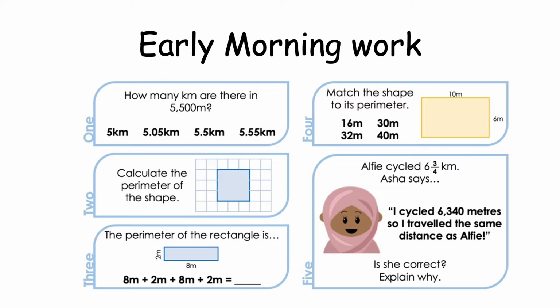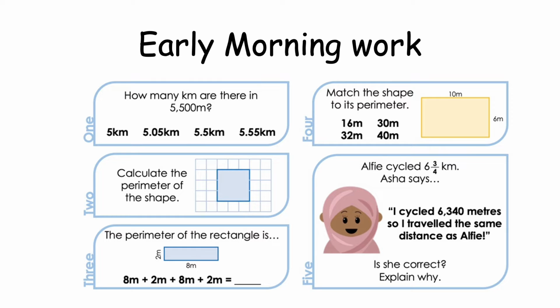So the perimeter would be 12 centimeters, or if you put 12 meters, that is okay because there is no unit of measurement. Number 3. The perimeter of the rectangle is 8 meters add 2 meters add 8 meters add 2 meters equals 20 meters.